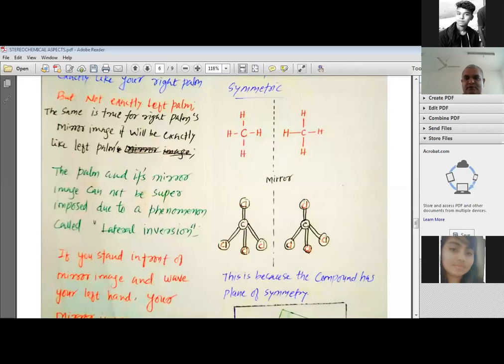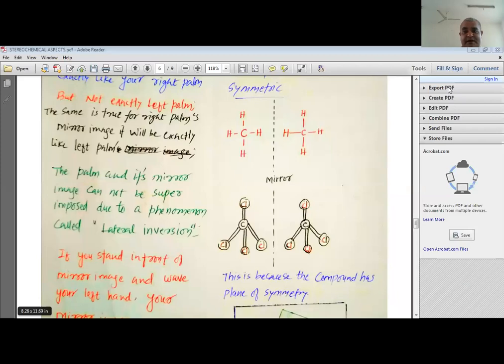The thing I want to ask you is, can you superimpose them? Can you superimpose your hands? Can you superimpose your palms on each other? No, sir.